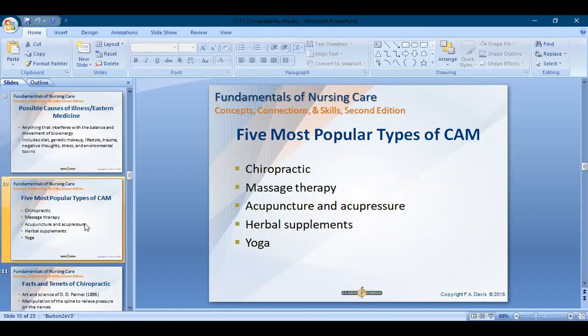So now, the 5 most popular types of alternative therapy or complementary and alternative medicine. One is called chiropractic, right? Chiropractic, it is in the United States, there are so many chiropractors. Massage therapy is another. Acupuncture.